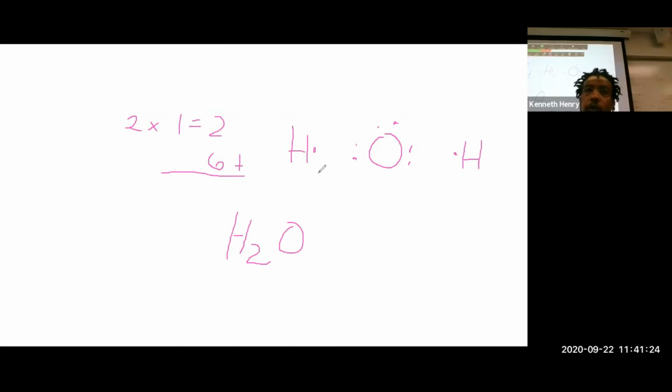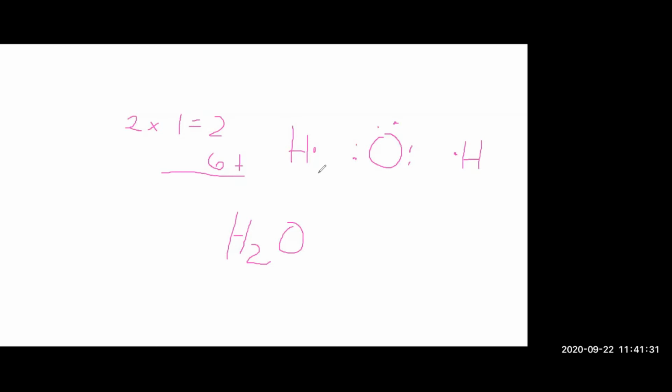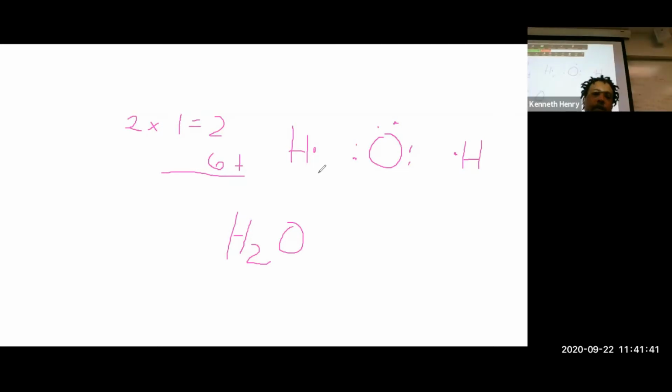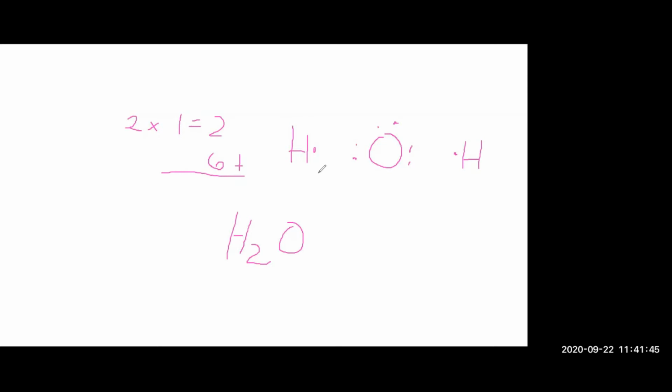Okay, how many electrons does hydrogen want around it? 8? Oh, wait, 7 more. Where is hydrogen located, and what is the nearest noble gas to hydrogen? Helium.